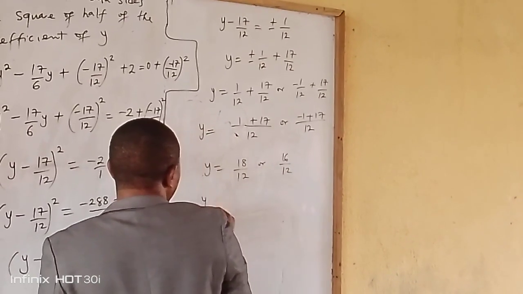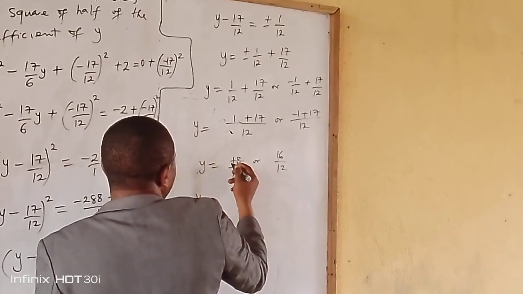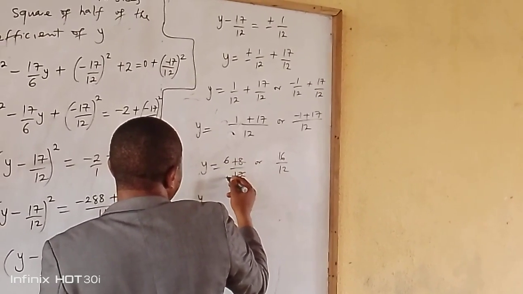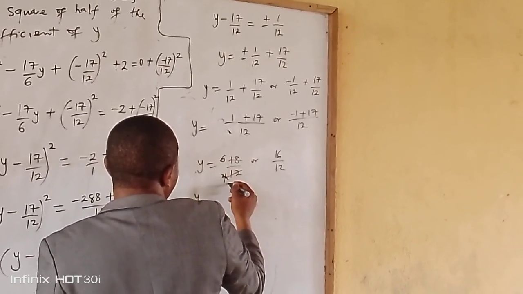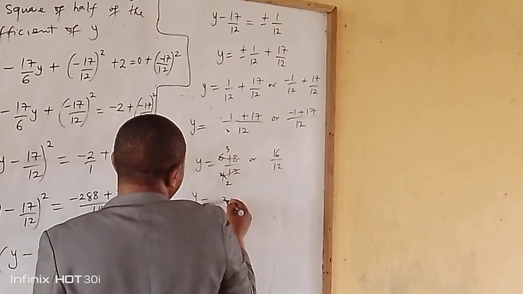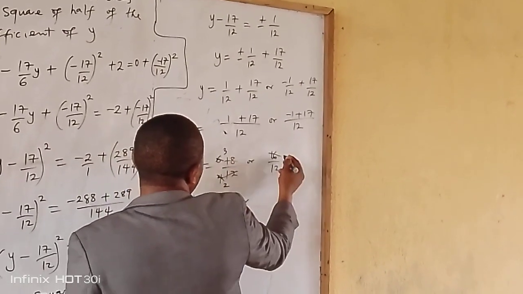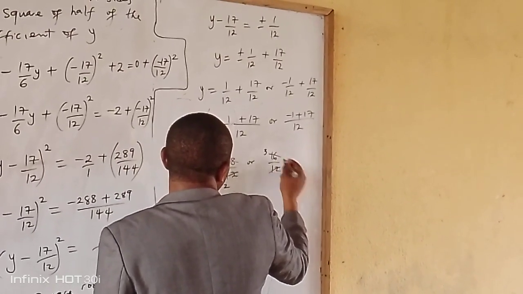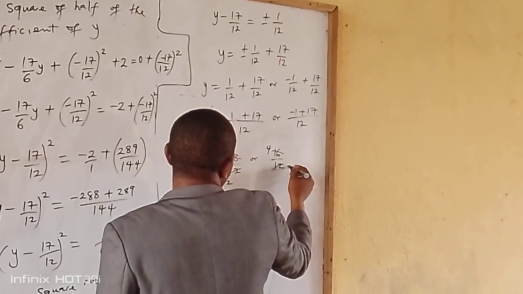By the time we reduce this to its lowest terms, 18 over 12 gives us 3 over 2, and 16 over 12 gives us 4 over 3.